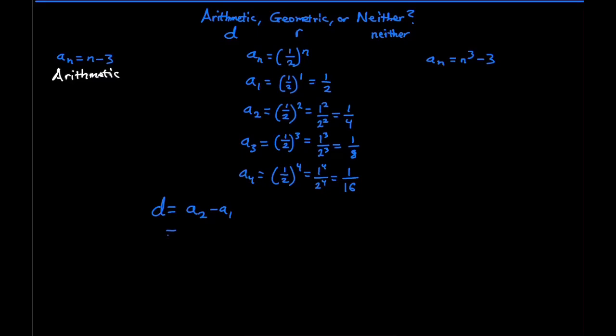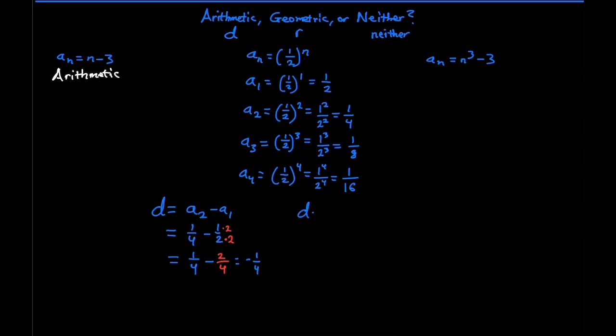Checking here will end up with fractions, so you'd have 1/4 minus 1/2. We need to get common denominators. We have to change the second fraction by multiplying the 2 by 2, and you end up multiplying the 1 by 2 as well. That turns into 2/4, and we have a common denominator. So this ends up being -1/4.